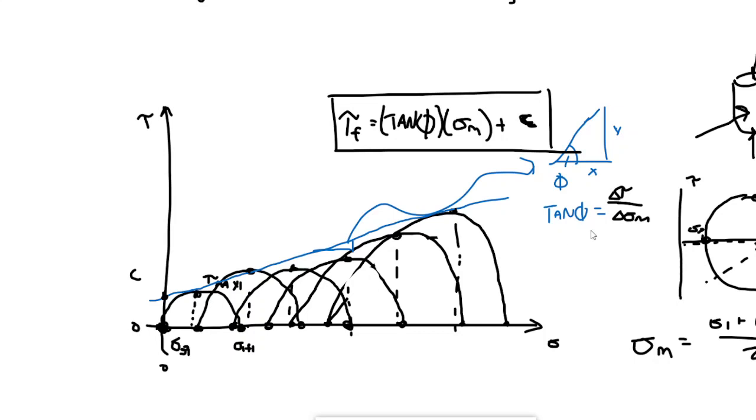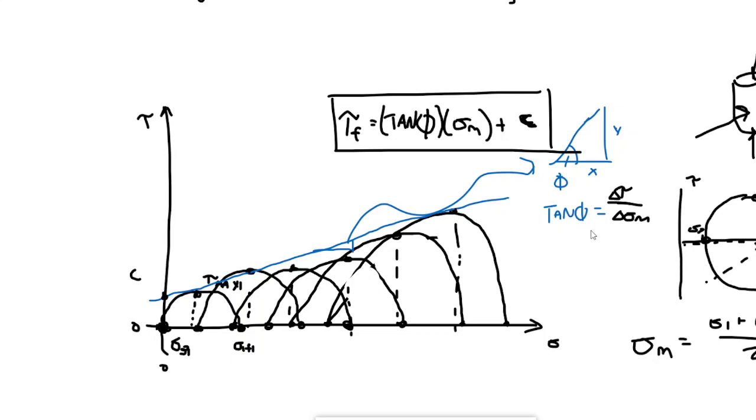Okay, that is going to just about do it for this video. In the future, now that we've fully explored this simple Mohr-Coulomb failure criterion, we can get into some slightly more complicated ones that are ultimately going to be a little bit better for modeling.